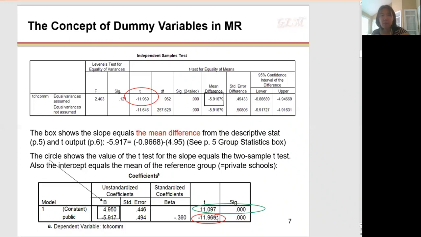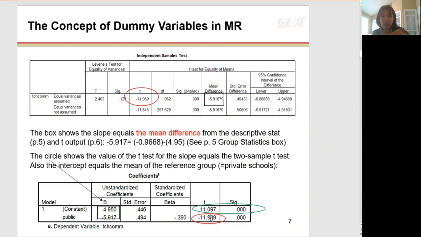Yeah, public school is different from private school. The mean of a public school is different from the mean of the private school. That is the conclusion, because the null hypothesis is that the means are the same between the two schools.